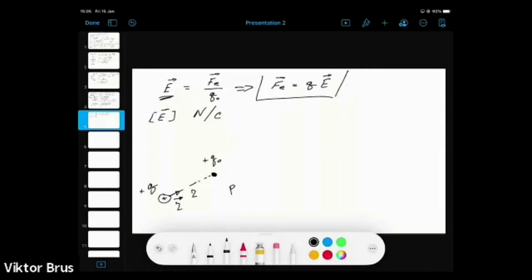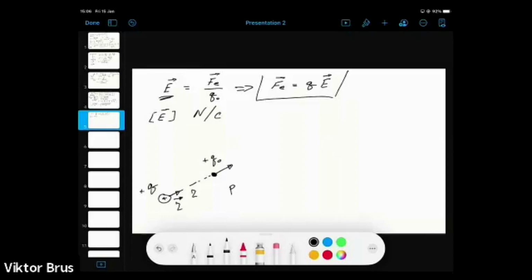It will be aligned in the same direction as the Coulomb force, or electric force, which is exerted on a positive charge. So in this case, we have two positive charges, and our test charge is also positive as a source charge. And that's why we have some repulsion between them.